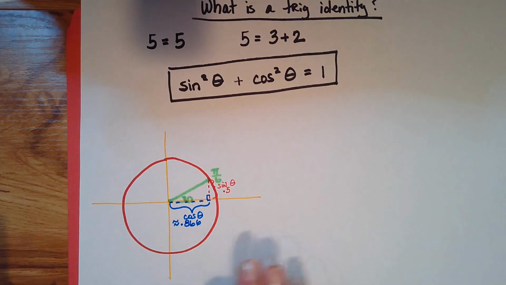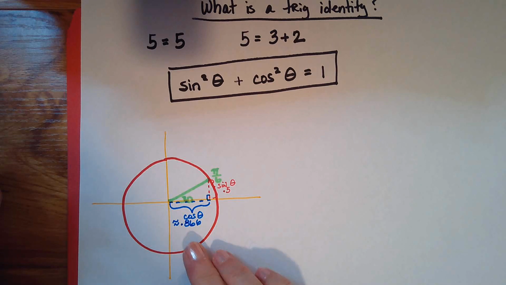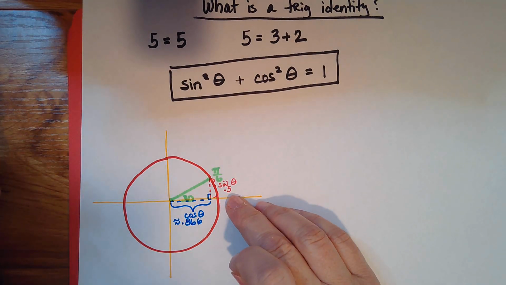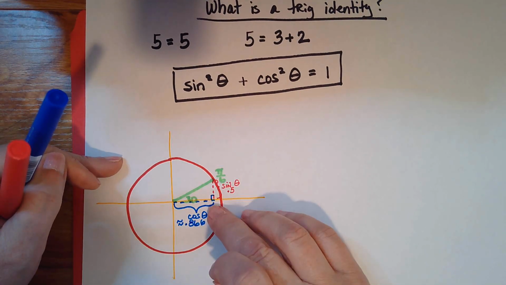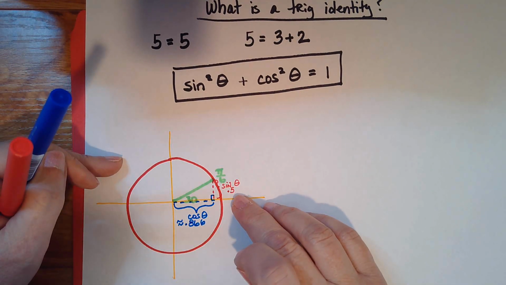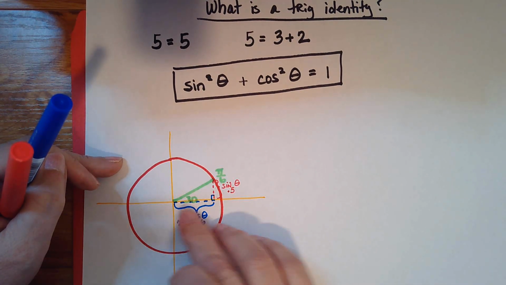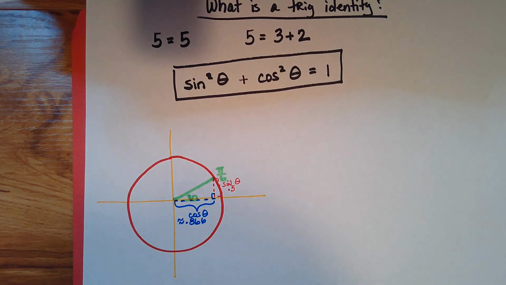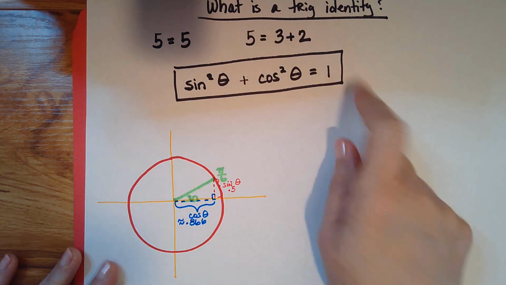All right, so now we have our unit circle. We have our theta at 30. We know that our sine, which is this vertical value here, is 0.5. And we know that our cosine, which is this horizontal value here, is 0.866. All good so far.